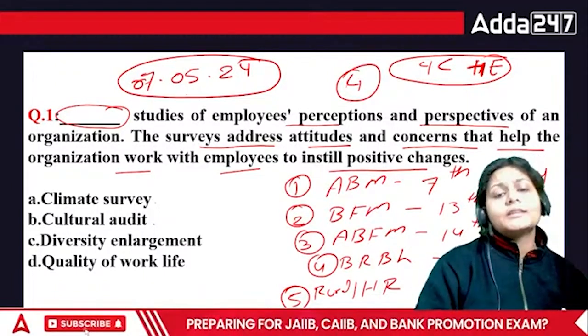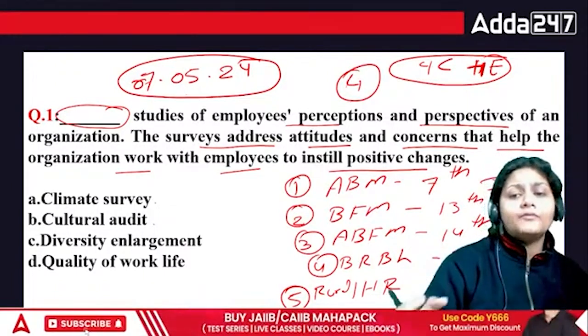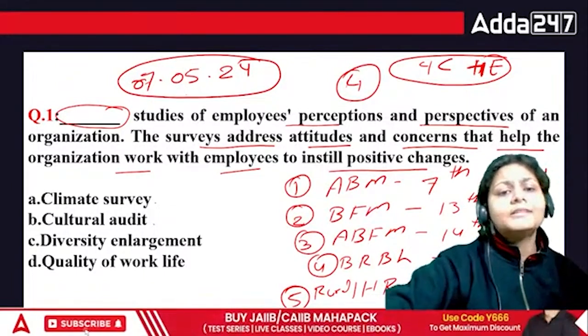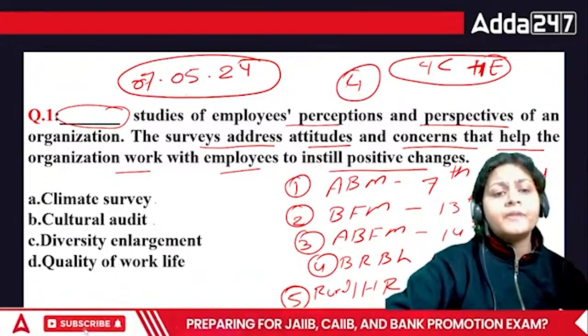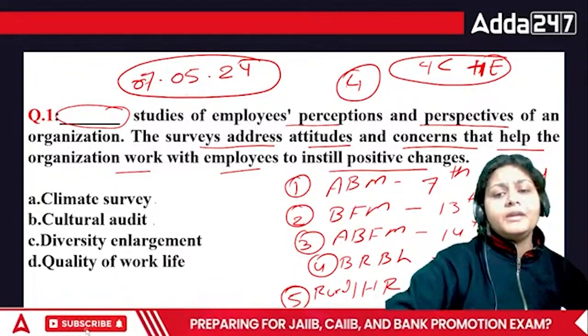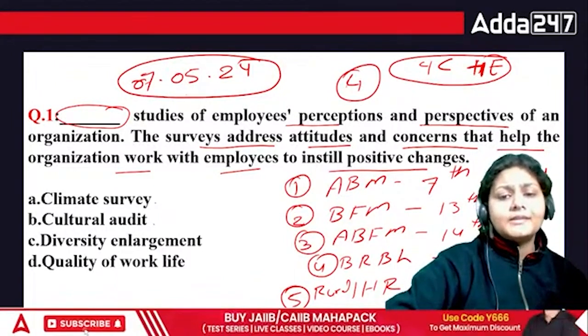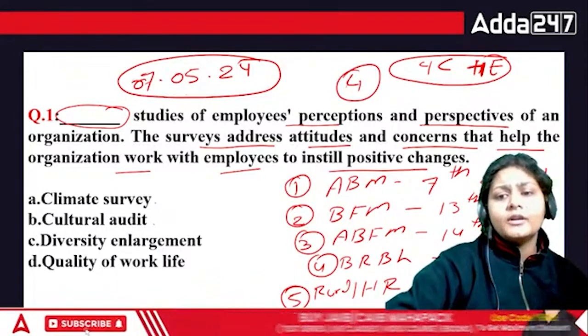So you have to check the pulse of the organization. What is exactly the pulse of the organization? Option A, climate survey. B is cultural audit. C is diversity management, and D is quality of work life.